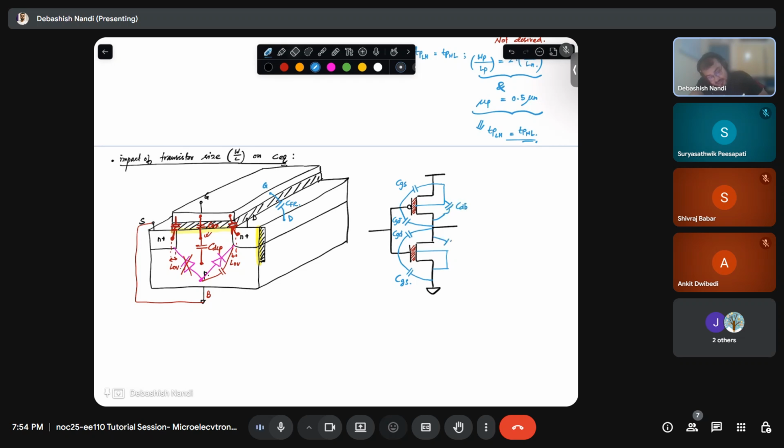And how do these capacitances scale with W, or the area of the device? This is your W. For example, if I consider this capacitance, it has this type of area. This is your oxide, let's say.